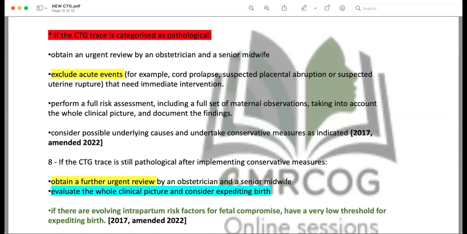Okay, so can you see birth here comes in which line? I can't choose it as the first action, that's why. It comes here after all of these actions are done, right? So that's why, guys, I'm against cesarean section as the first course of action.